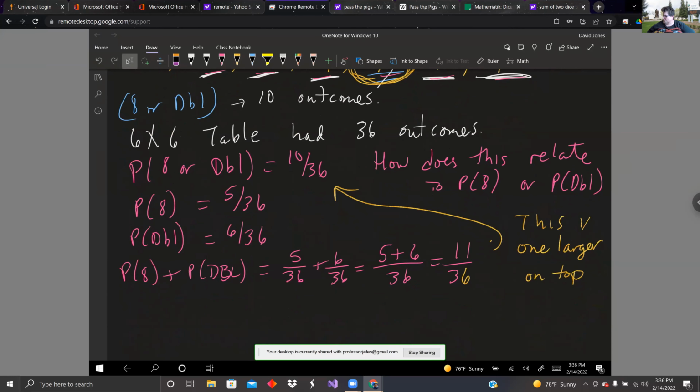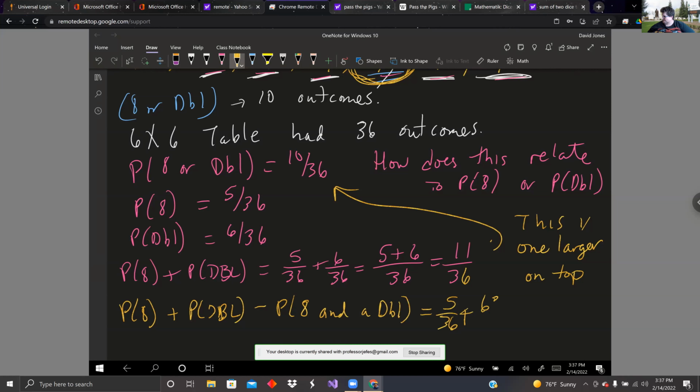So if I subtract the overlap, I have the probability of 8 plus the probability of doubles minus the probability of it being an 8 and a double. I get 5 over 36 plus 6 over 36, minus 1 over 36, which gets me 10 over 36.